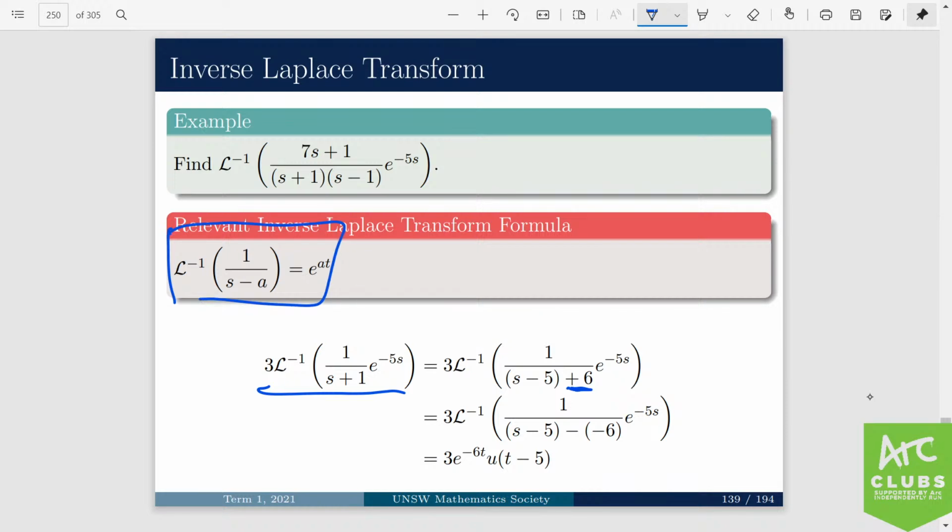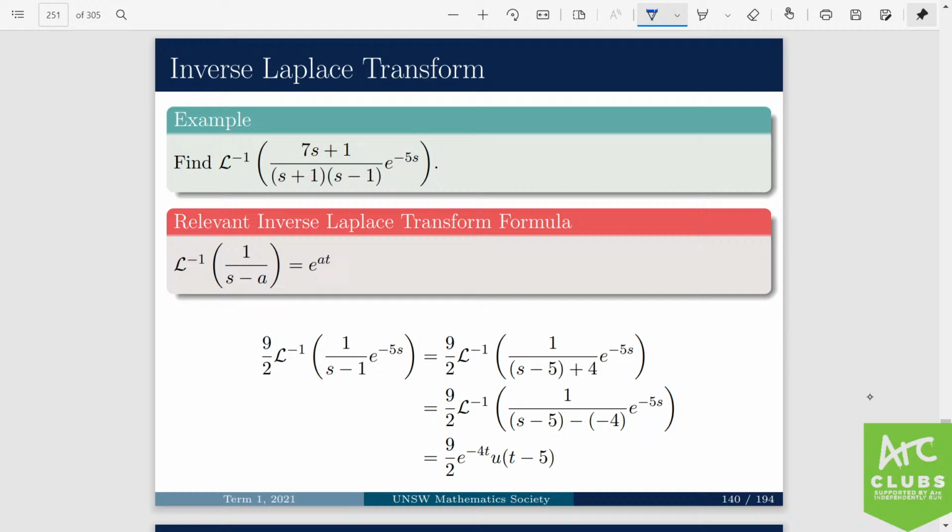It's given as s minus a. So we've got our s and our minus, this is our a, and then we bring it over, and then using this formula, we get e to the minus 6t, and we've got our 3 at the front. And then, like I said, because we've got our shift and our cut, we times it by the Heaviside function, turning on at 5.